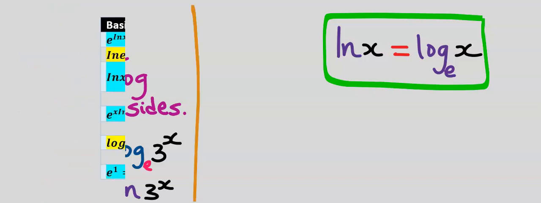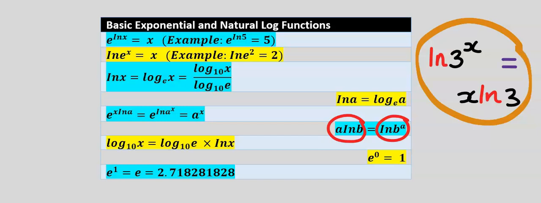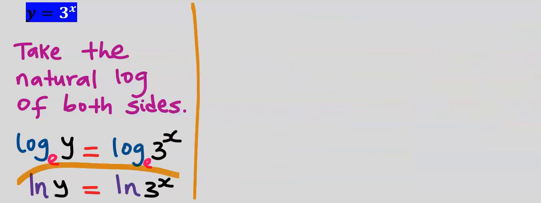Next, recall that the natural log of a to the power of b is the same thing as b times the natural log of a. That is, if you have the natural log of 3 to the power of x, it's the same as x multiplied by the natural log of 3. That is, this x at the power will come to the front of the natural log. We are going to apply this to the question. Next, this will now become this.